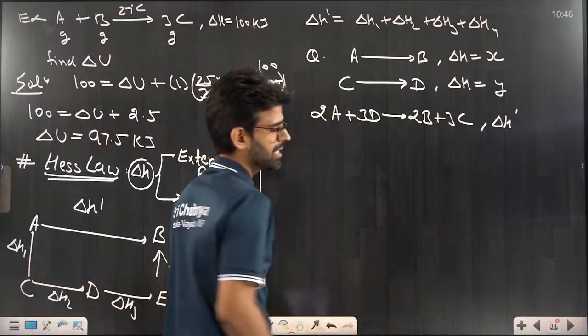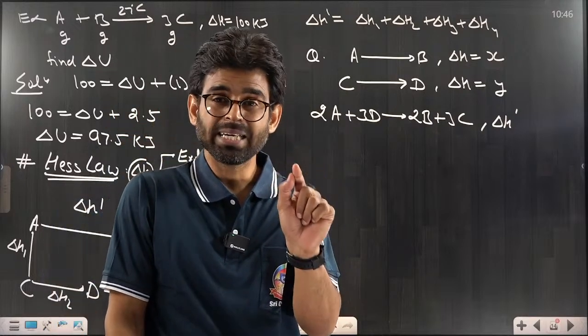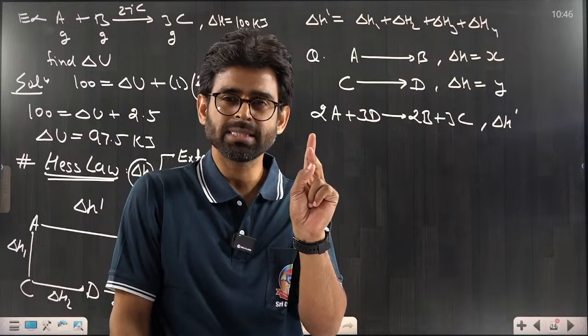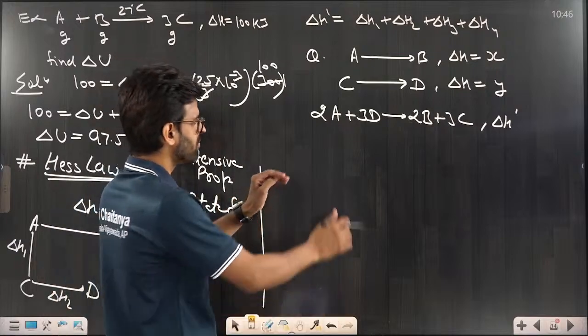First of all, there are three principles to solve this. First, what I need. Second, how much I need. And third, on which side I need. So look at the first one.